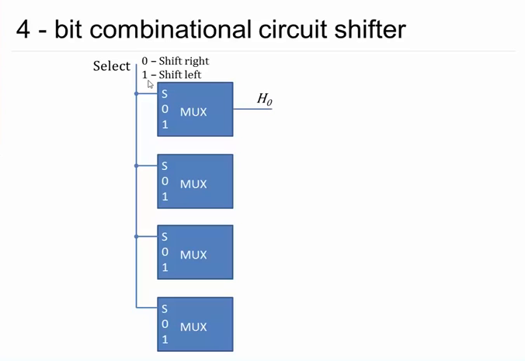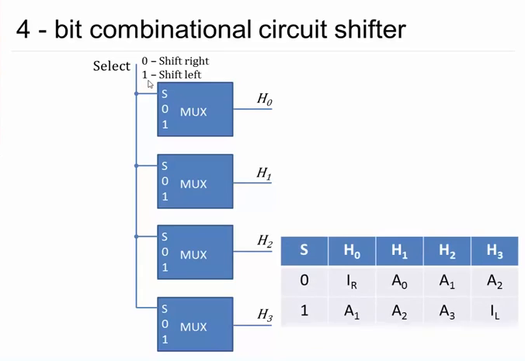Okay, so before moving further, let us see the output. We are saying H0, H1, H2, H3. But before giving this input, let us see the truth table for this function table. If I say the select line is 0, that means we are going to perform shift right. So the bits are transferred onto the right. So the serial input would be IR, A0 shifted, A1 shifted to the right side, A2 shifted to the right side.